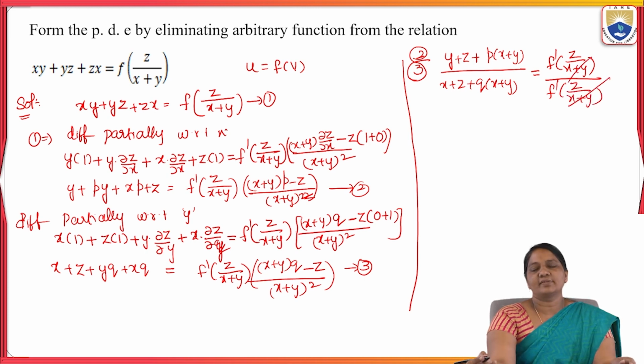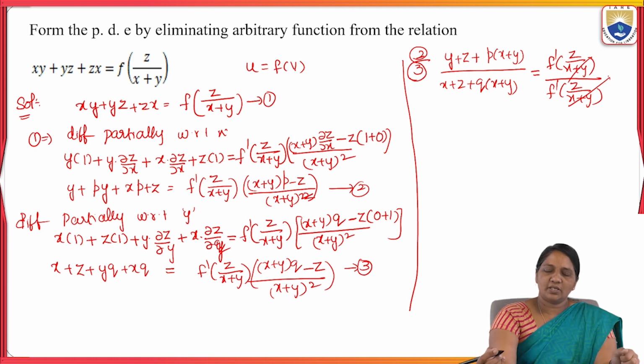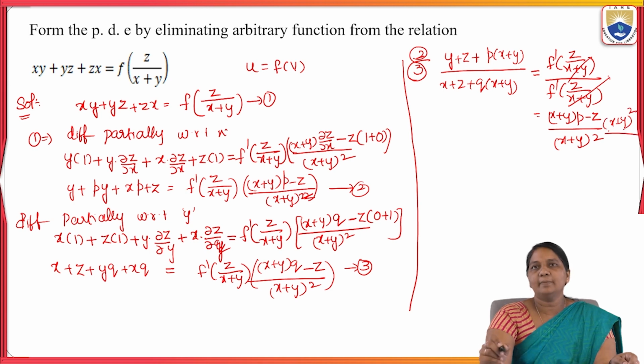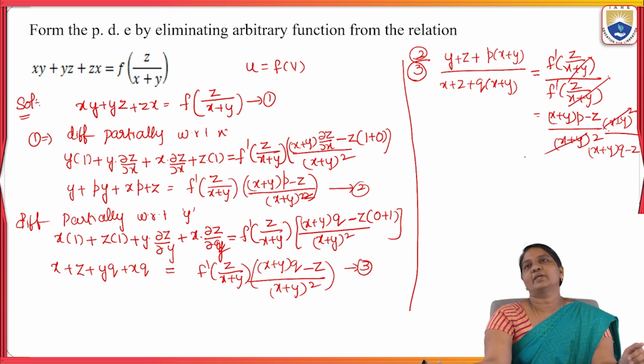These two will be cancelled. The remaining terms are there here. So what are the remaining terms? That is ((x+y)p − z)/(x+y)² divided by this term, which I can write as (x+y)²/((x+y)q − z). So these two will be cancelled.